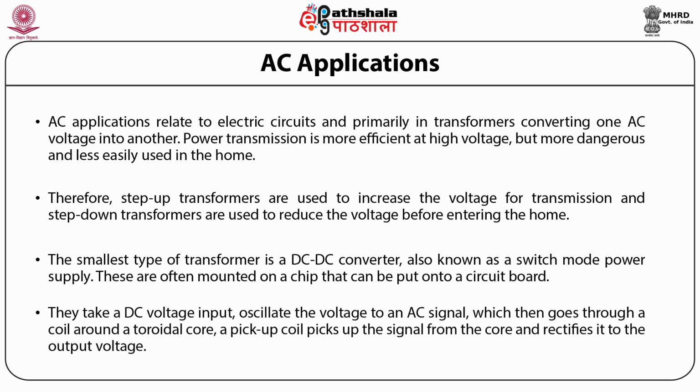They take a DC voltage input, oscillate the voltage to an AC signal, which then goes through a coil around a toroidal core. A pickup coil picks up the signal from the core and rectifies it to the output voltage.